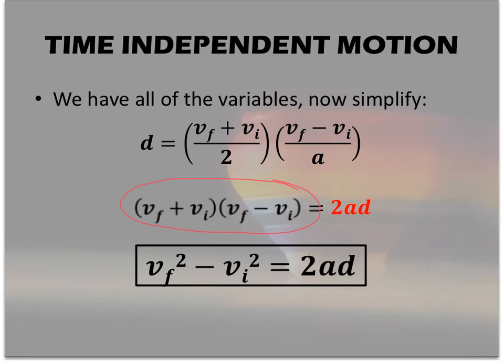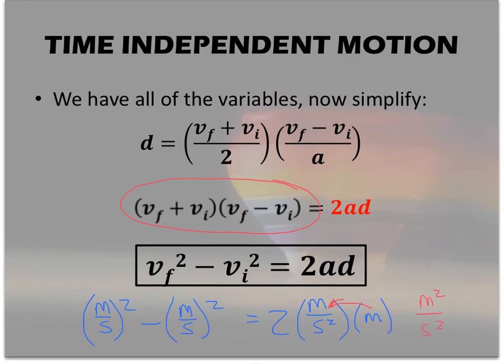Now, an interesting thing to look at is how the units work for this. Velocity for v_f is meters per second, and that's squared, minus v_i velocity is meters per second, and that's also squared, equals 2. Acceleration is meters per second squared, and displacement is meters. So if you look at this closely, this meter multiplied into this one gives me meters squared over seconds squared.